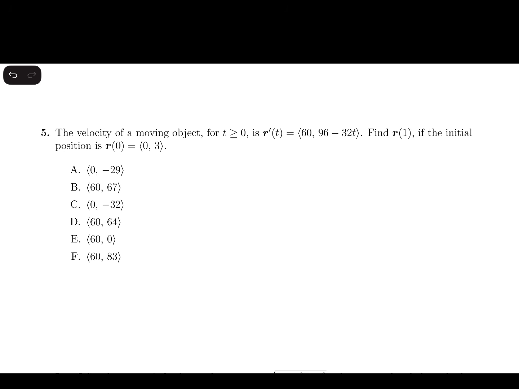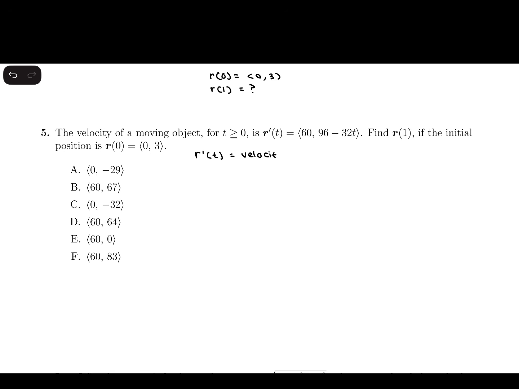So let's write out what we know. They know that when t is equal to 0, r is the component 0, 3, and they want us to know what is r when t is equal to 1. So if you look at this right here, r prime of t is our velocity.